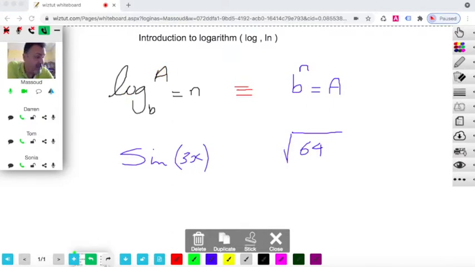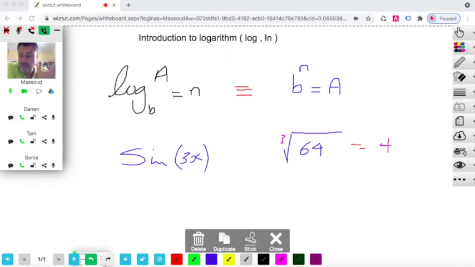So for example, here at the moment, although it's not written, the square root actually has an index of 2. So when the index is 2, so the base of this root is 2, then the answer would be 8. But if that base was different, so for example, if it was a cube root, then the answer would be 4.